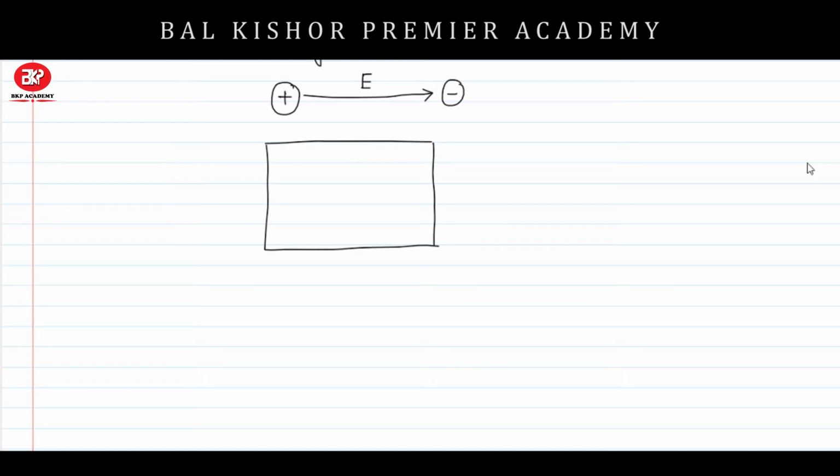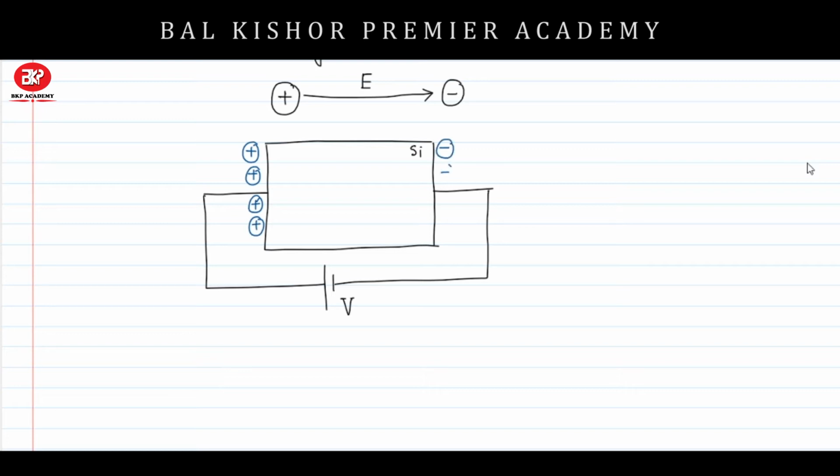Suppose this is a silicon semiconductor material, and we have applied a potential of some voltage across it, and the voltage is capital V. Due to this applied voltage, this terminal will be the positive terminal, so it will be positively charged, and this terminal is negatively charged.